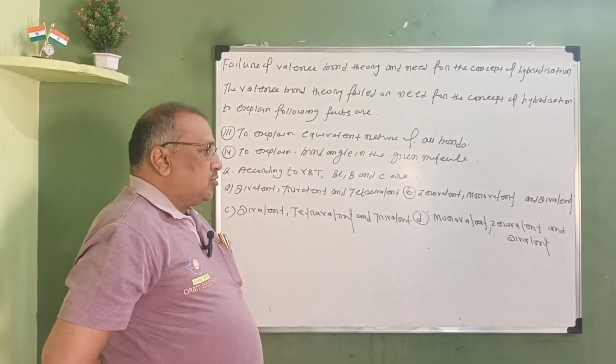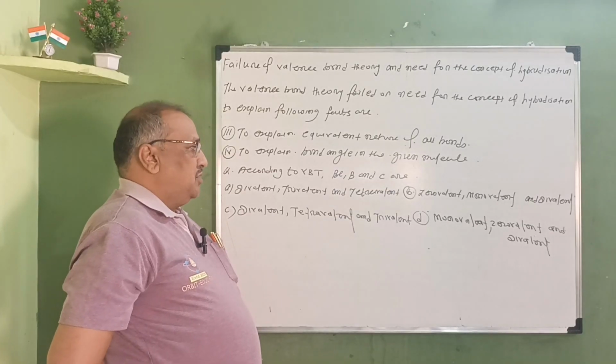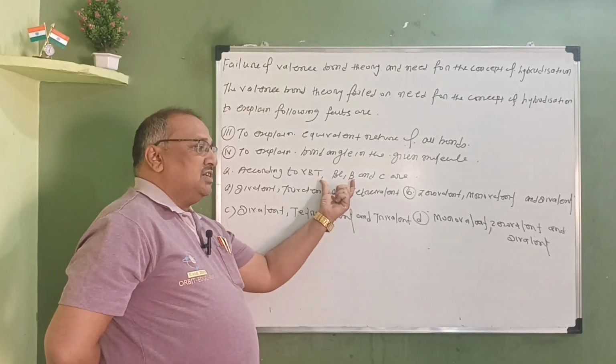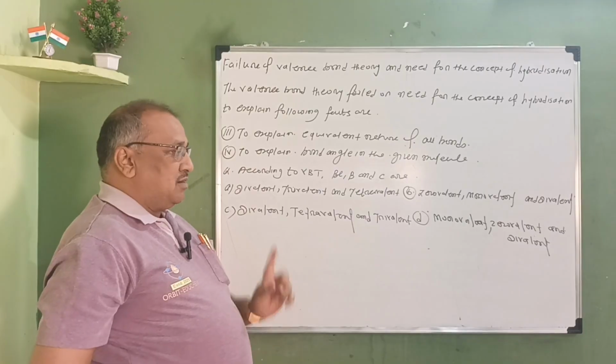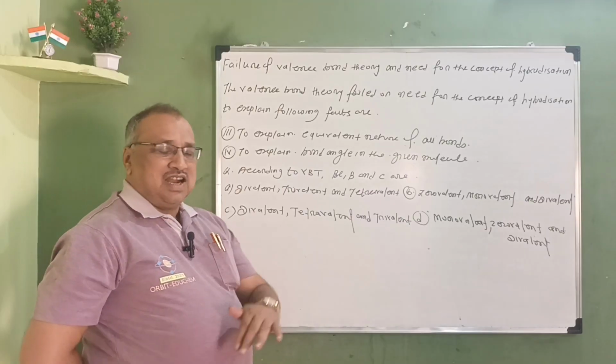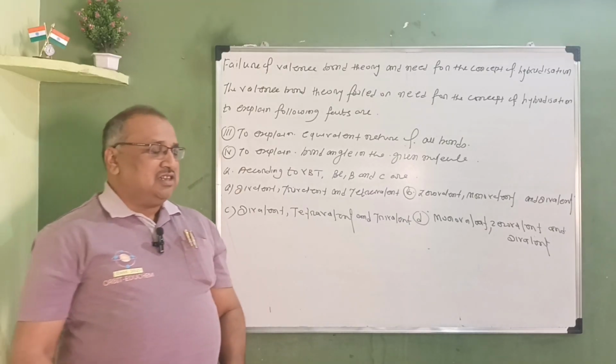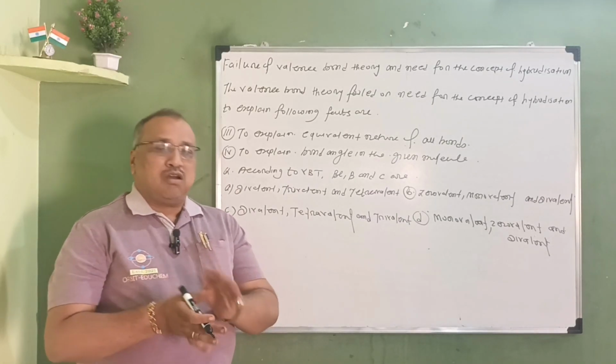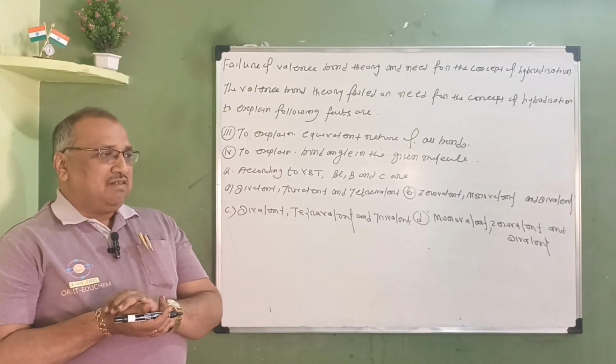write down the answer of this question, first write down the electronic configuration of beryllium, boron and carbon in the ground state. After writing the electronic configuration, you can find out the number of unpaired electrons in the valence state.